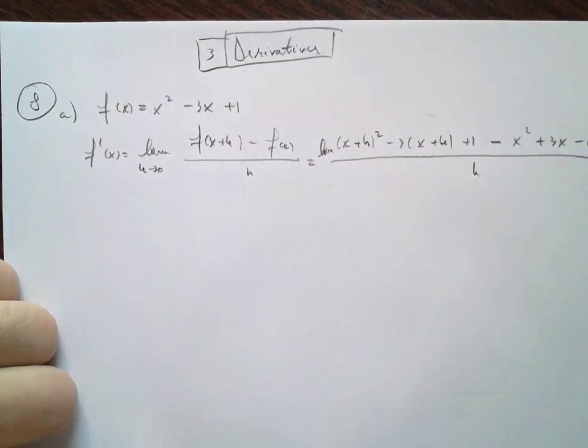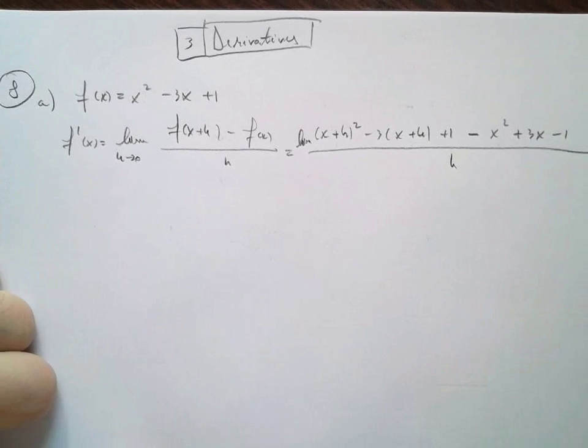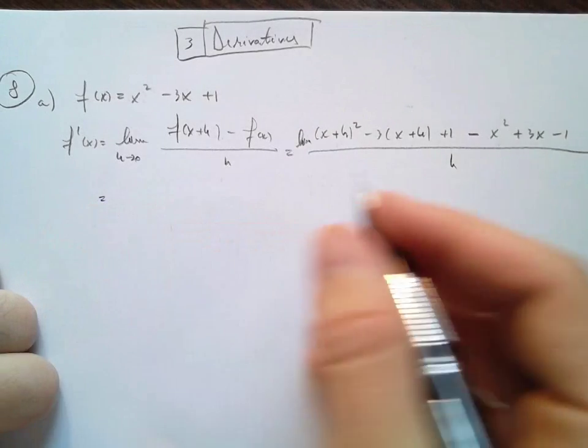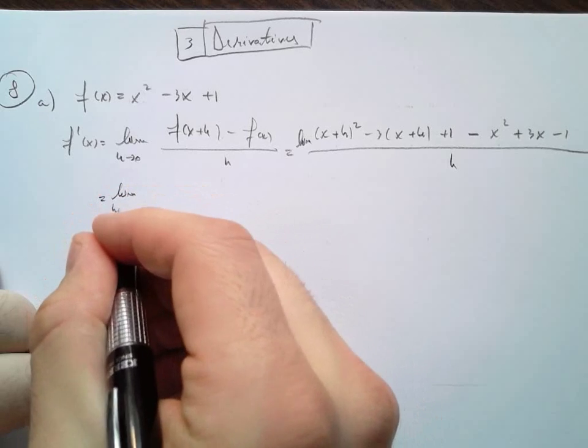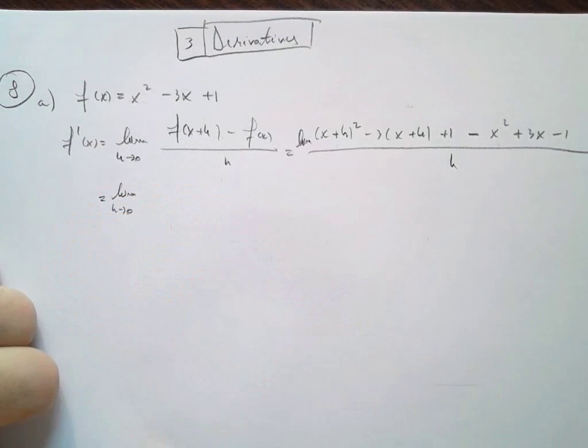I always forget to write my limit sign. So that's what we have so far. Now I just multiply everything out, right? So this is going to be the limit as h goes to 0. What do I get on top?